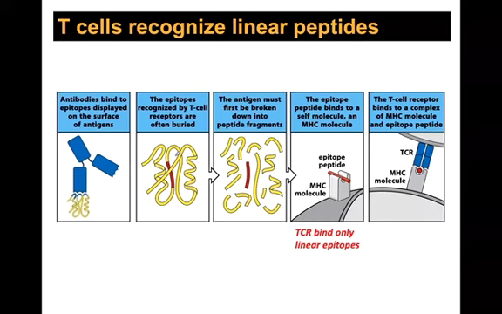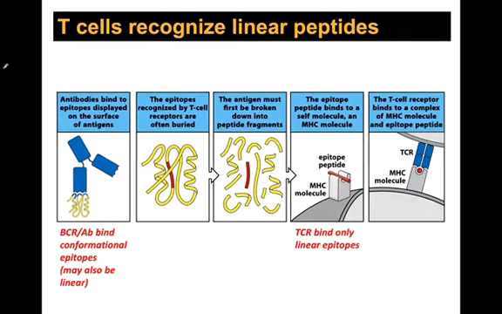And so for those to be liberated, you have to have a digestion or breaking down of that protein. And then the epitope can bind to a self-MHC protein that then goes to the surface, and that's what the T cells can recognize. Okay, so there's a fundamental difference in the way that T cell receptors and B cell receptors recognize antigen. BCR bind conformational epitopes, TCR bind linear epitopes.